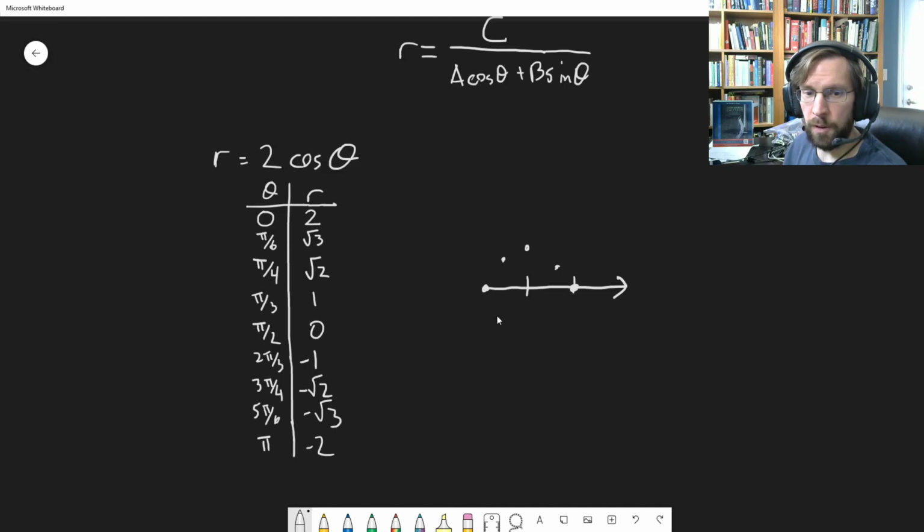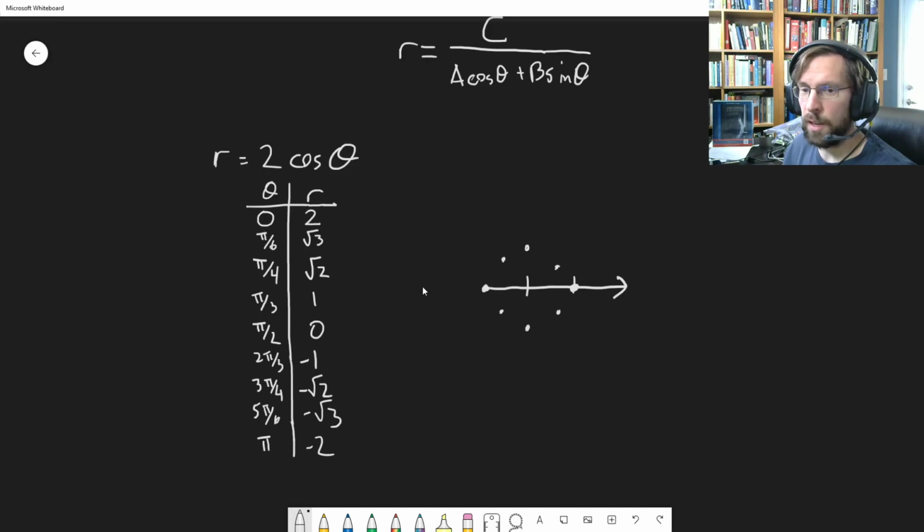Then we have theta equals 2 pi over 3, r equals negative 1. So in the 2 pi over 3 direction, we're going negative 1, so that's actually down here. Three pi over 4, we're going to be at negative root 2. 5 pi over 6, we're going to be at negative root 3. And now at pi, remember we're going negative 2 in the pi direction.